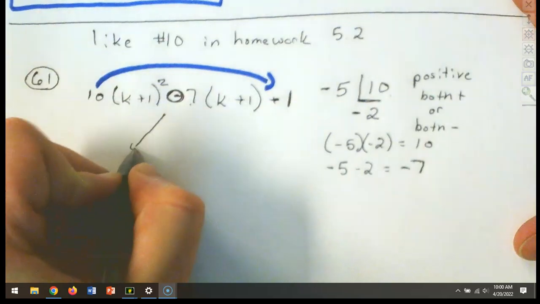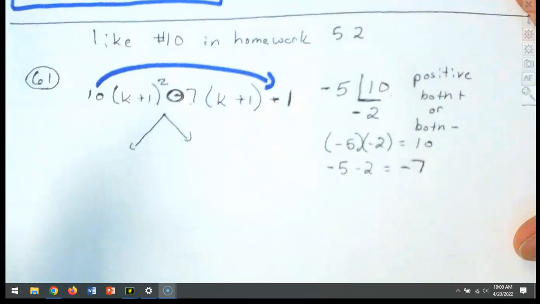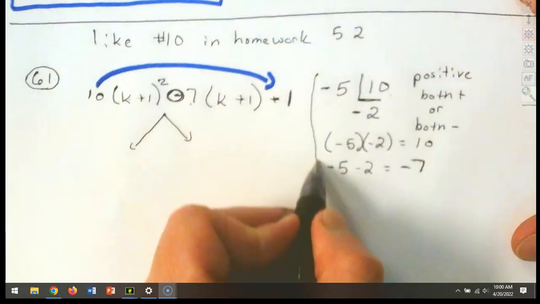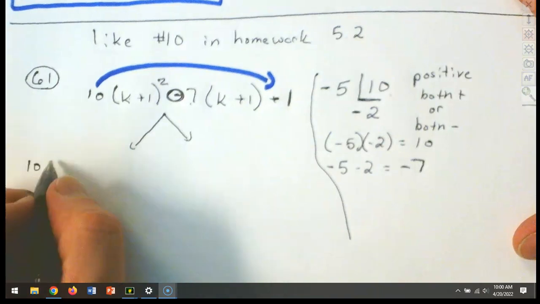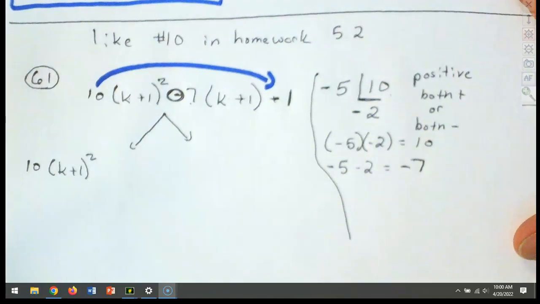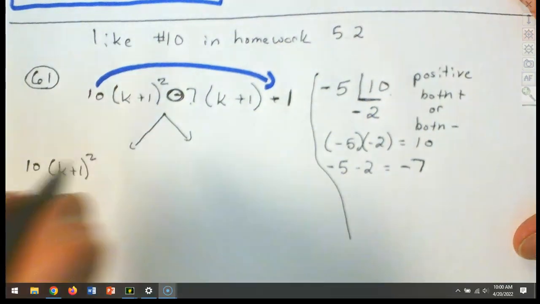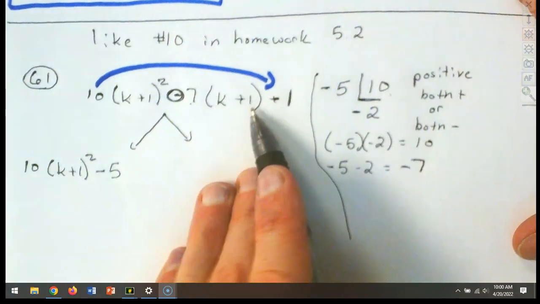Okay, now this is where it becomes a little bit trickier. So we are going to split up our middle. So at the very beginning, we have a 10 times k plus 1 quantity squared. We're going to take that minus 7, and we're going to split it up into a minus 5, and we keep that k plus 1 with it.